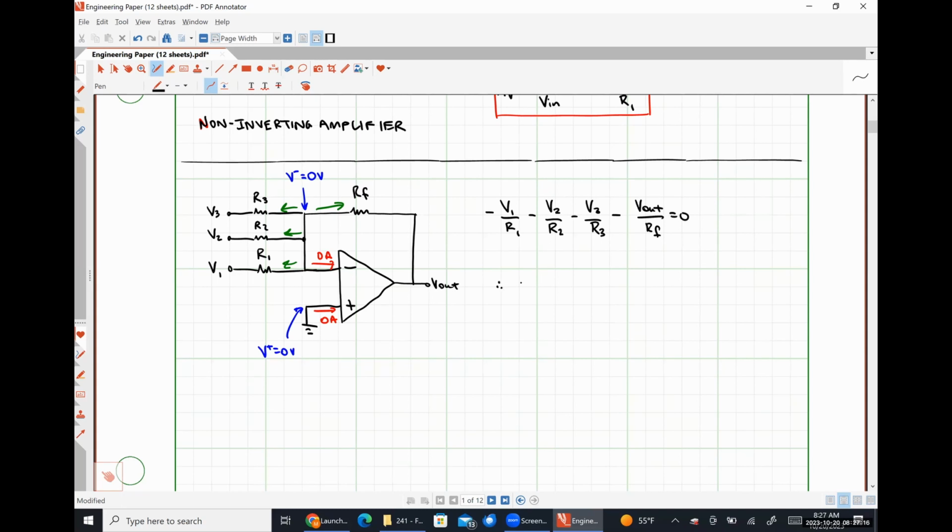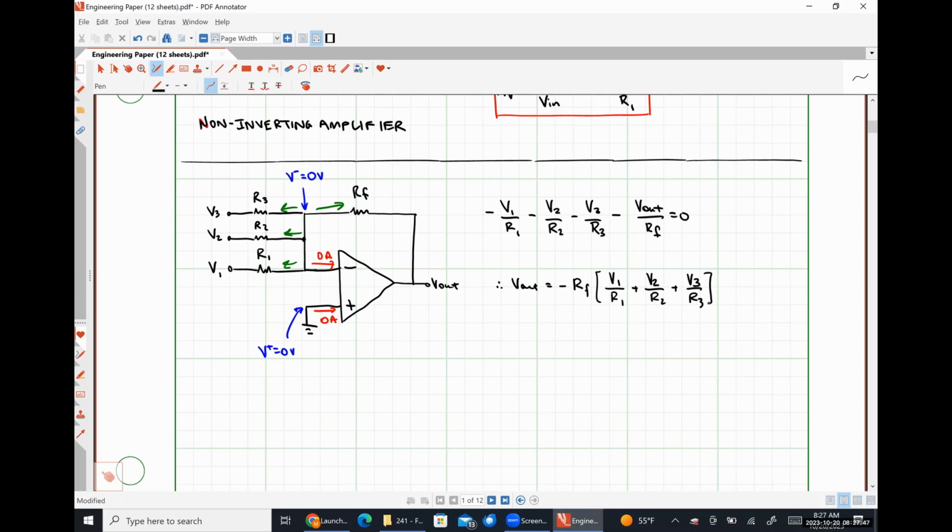And rearranging this, we find that V out is equal to negative RF times V1 over R1 plus V2 over R2 plus V3 over R3. Again, if we had more inputs, we could continue this progression.